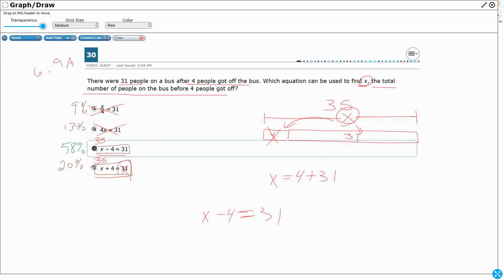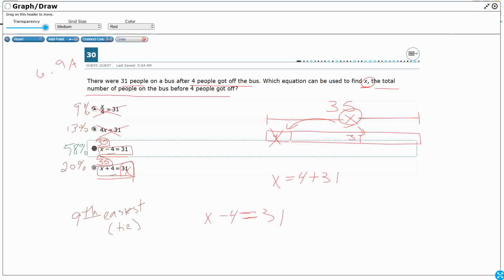What they didn't know was whether it's a minus 4 or a plus 4. So thinking through it, if the answer is 35, using substitution could have worked, or knowing that we've got the strip diagram, you can take the whole, subtract one part, and equal the other part. That would have helped. So this was tied for our ninth easiest, definitely landing on the easier side of problems for our students.